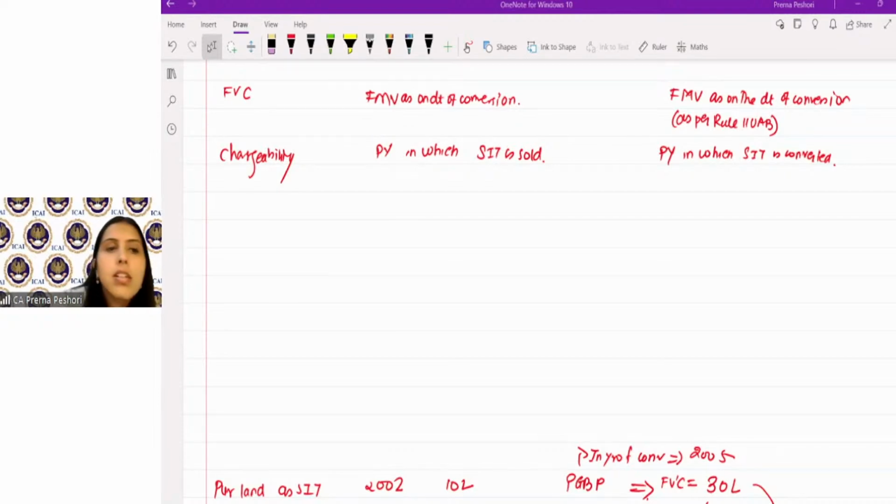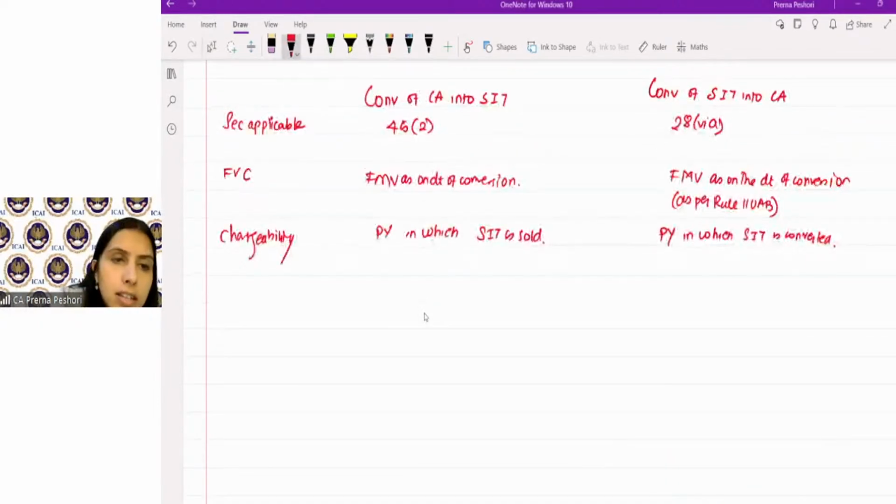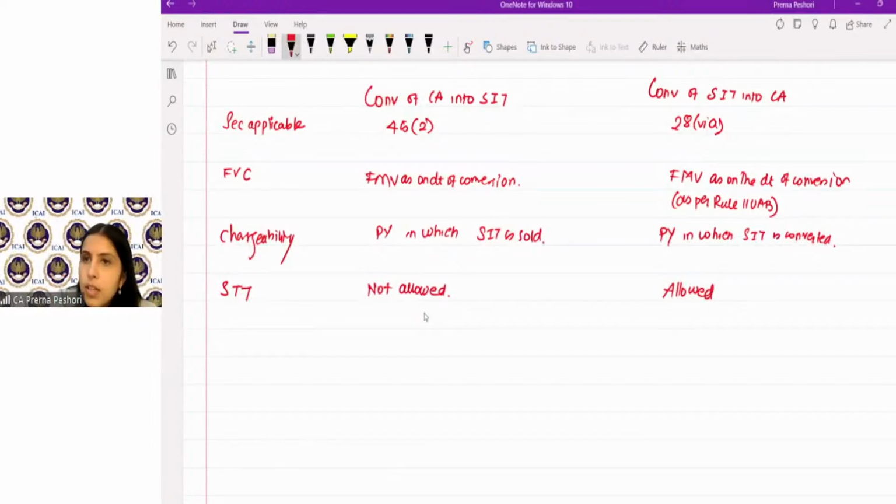So under PGBP, it is allowed as deduction. Yes, Dilip, you are correct. Vinay, it is allowed. Clear?